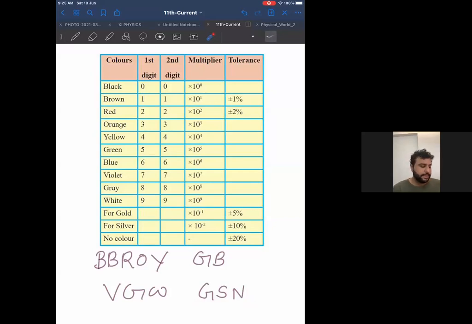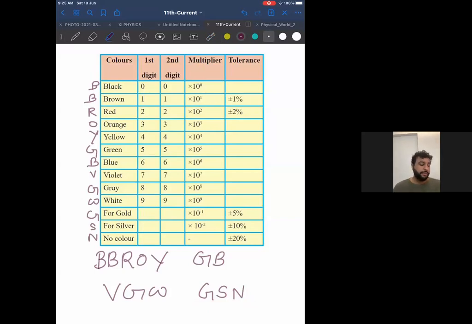So if you look at this, this will be B. Roy of Great Britain, very good wife, gold, silver necklace. We can remember all the colors like this.